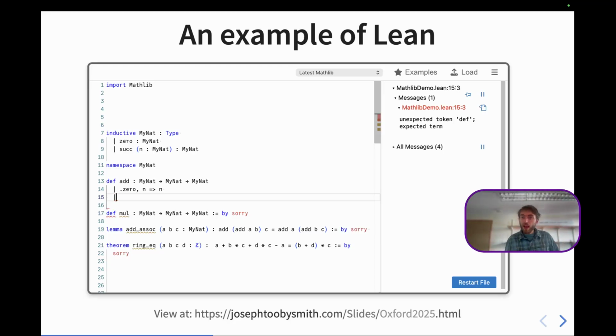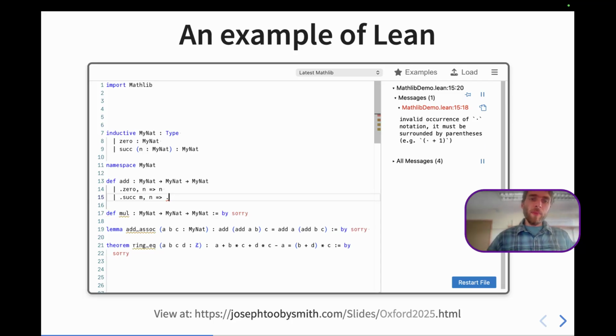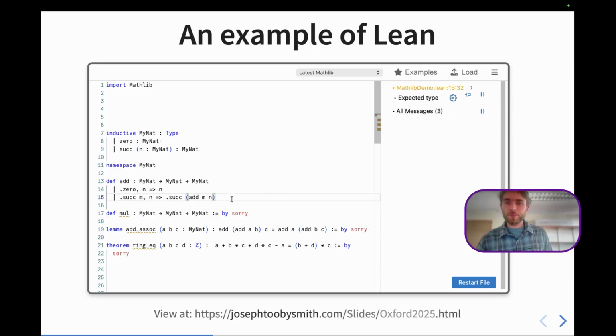Then we need to do the other case, the successor case. So we can define addition where the first number is not 0, but it's the successor of a natural number m, like this, and we're going to add it to n, and we're going to say, so what's the answer here? Well, the answer is going to be the successor of the addition of m and n.